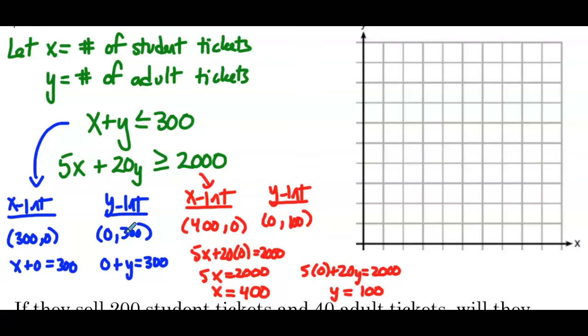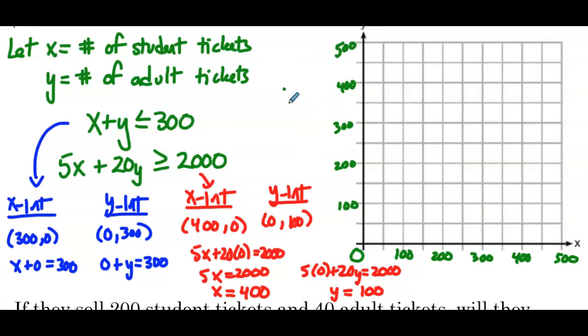So let's make each box 50. So 50, then 100, 150, 200, then 300, 400, and 500. And we'll do the same thing up the y-axis. We have 100, 200, 300, 400, and 500.